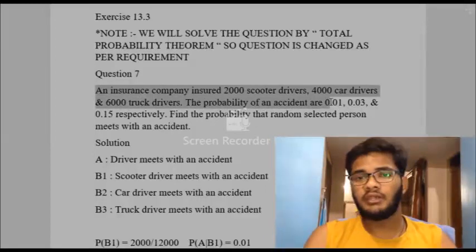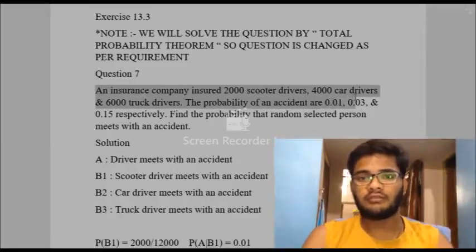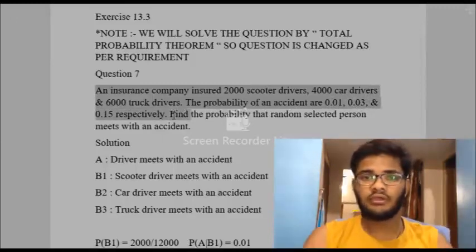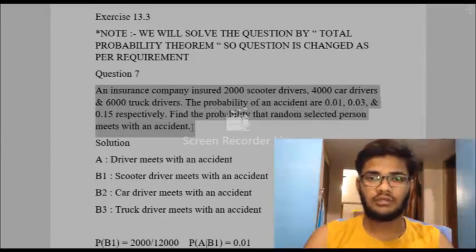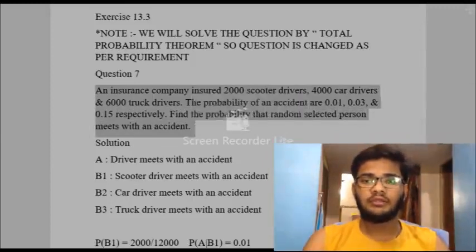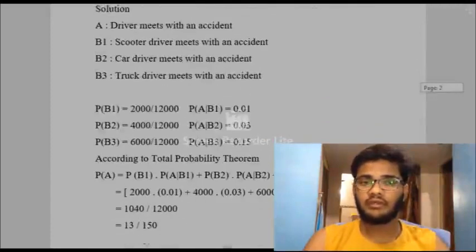The probabilities that the person meets with an accident are 0.01, 0.03 and 0.15 respectively. One person is selected at random. Find the probability that the person selected meets with an accident.